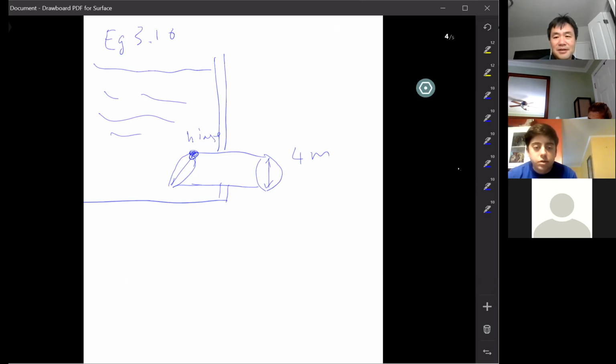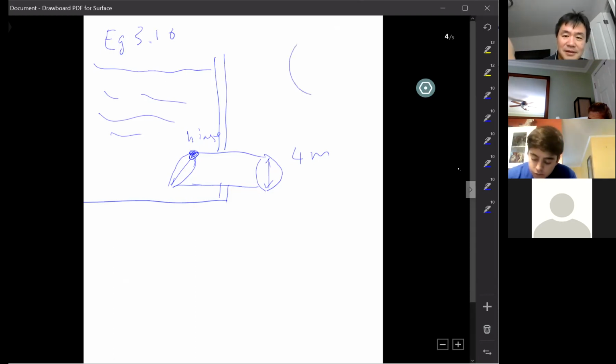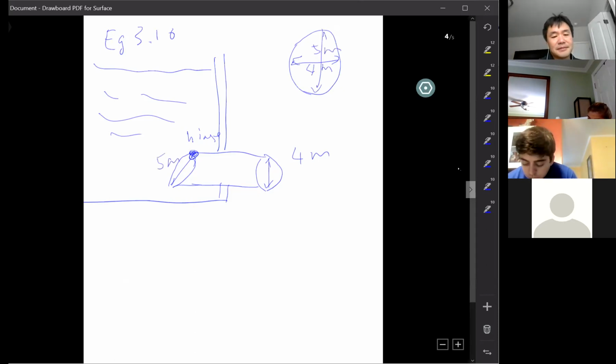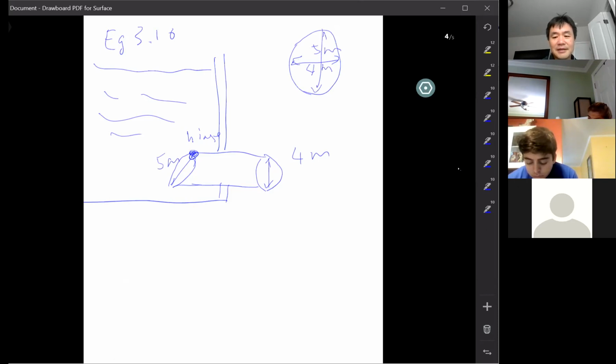An oval. Oval shape, so it's an ellipse, right? So with the shorter diameter 4 meters, and the longer diameter 5 meters in this problem. Is that right?